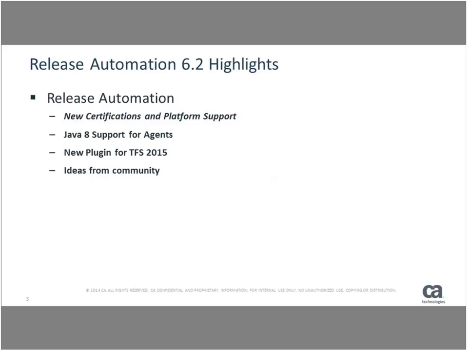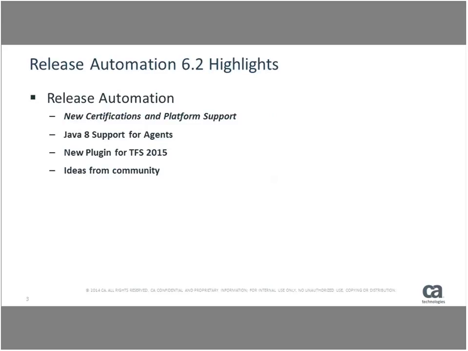So let's talk a little bit about the highlights of this 6.2 delivery. On the core of Release Automation, we have some really cool new stuff. First, we added more support for different platforms that you guys can use in order to perform deployments using Release Automation.